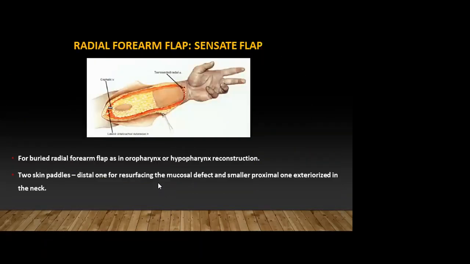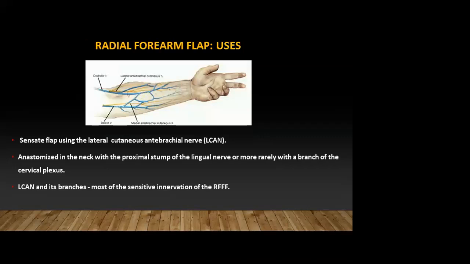We can also make this radial forearm flap a sensate flap. How we can make the sensate flap is using the lateral cutaneous antebrachial nerve.